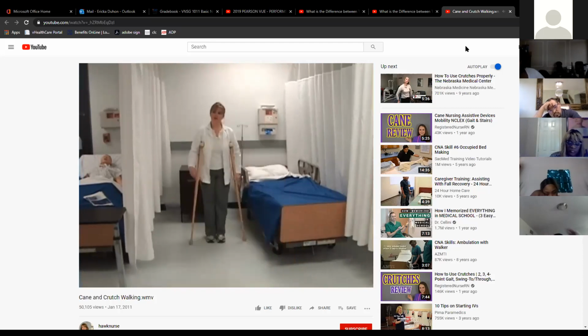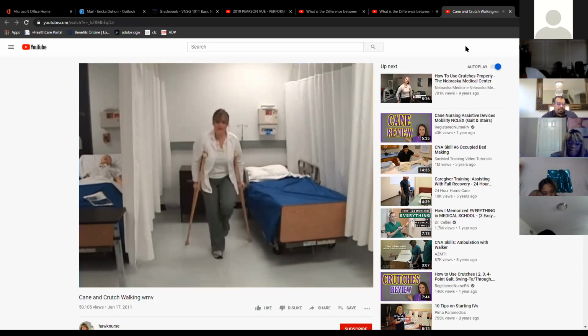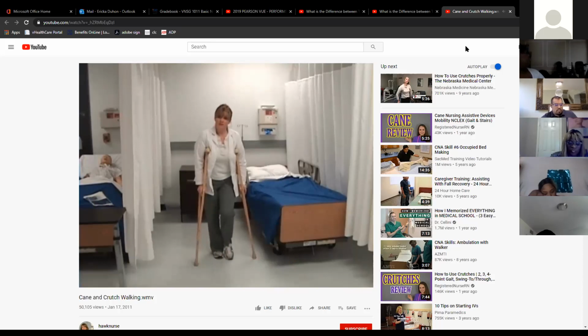When teaching your patient how to go up and down stairs using crutches, it's very important that you teach them properly to prevent them falling down the stairs. I'm partial weight bearing, meaning one of my sides is weaker than the other. When going upstairs, you want your client to first put their good foot up on the step, followed by the crutches coming up onto the step, followed by that affected foot.